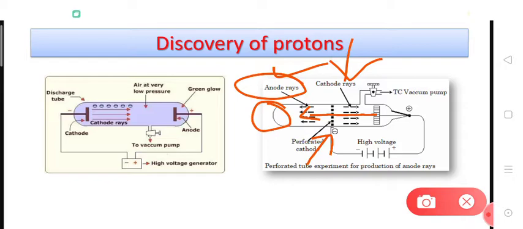However, the size of the positively charged particles varied according to the nature of the gas taken inside the glass tube. Later, the smallest type of positively charged particles discovered from anode rays were said to be protons.